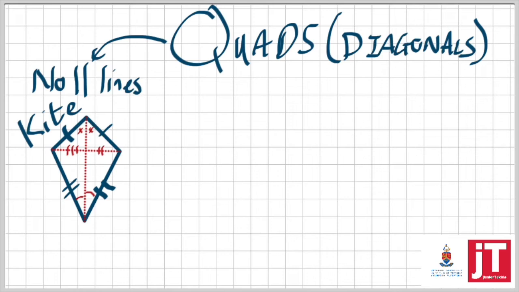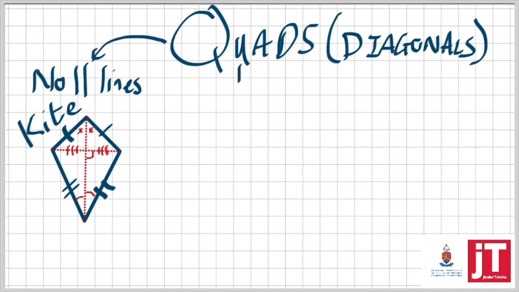First of all, one diagonal is cut in half. The diagonals are perpendicular to one another, but also that long diagonal bisects the angle perfectly, so it also cuts it in half.